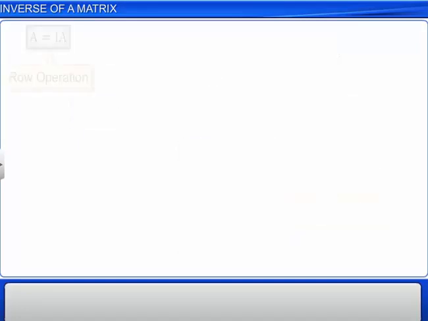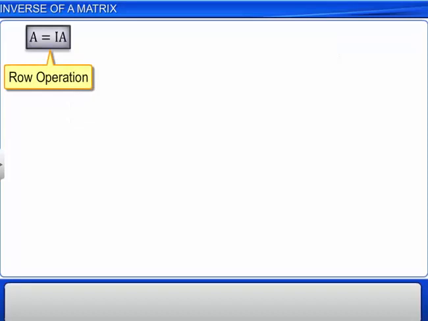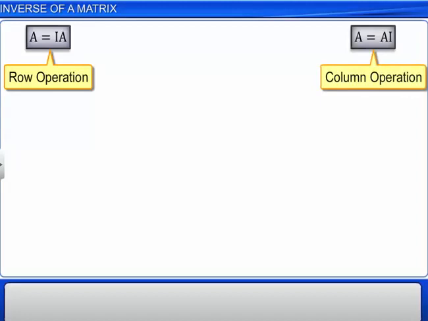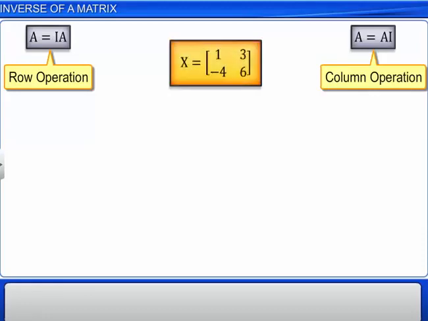If we perform the row operation, we will represent the relation as shown. On the other hand, if we perform the column operation, we will represent the relation as shown. Now, we will find the inverse of a matrix using both row and column operations. Let X be a matrix as shown. We can express this matrix as shown.